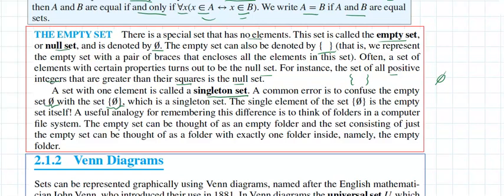A common error is to confuse the empty set with a set containing the empty set. If you put anything in there, including that notation, now you're saying we have the empty folder inside that set. So, for example, the single element of the set containing the empty set is the empty set itself. A useful analogy for remembering this difference is to think of a folder in a computer. If you made a folder called set A and you click on it, it's empty.